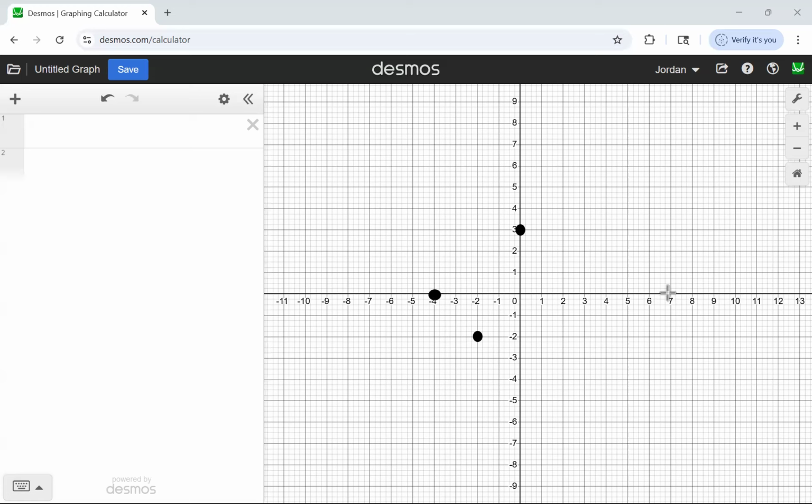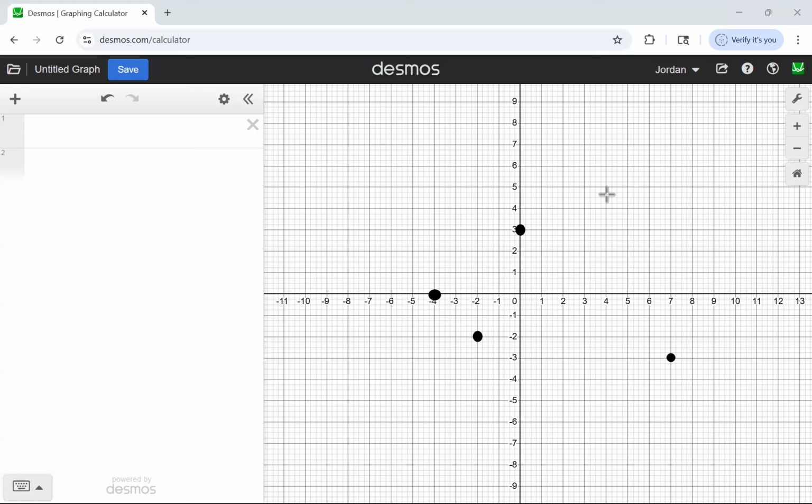And then lastly, the last point in that example was the point 7, -3. 7 in the x direction, -3 in the y direction leaves us at this point down here. So 7, -3 is right here.